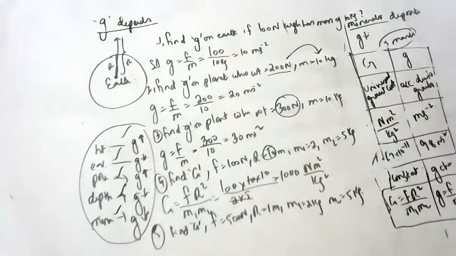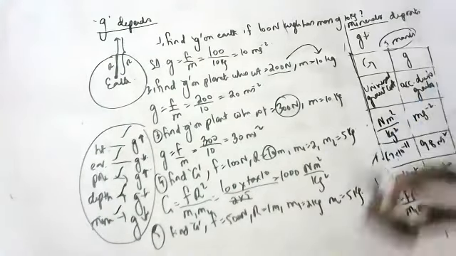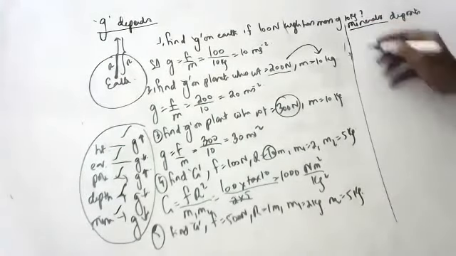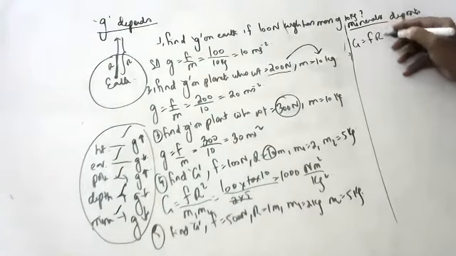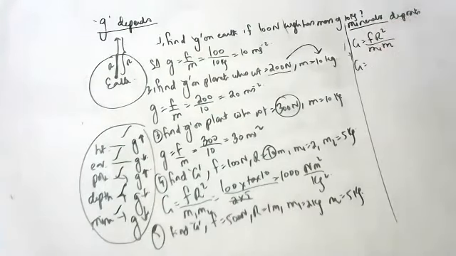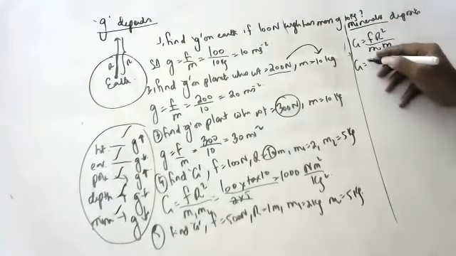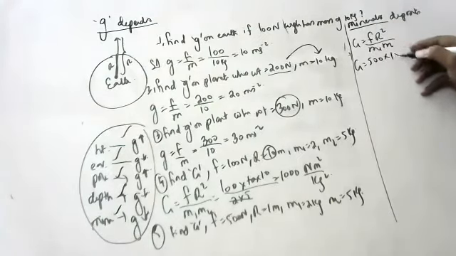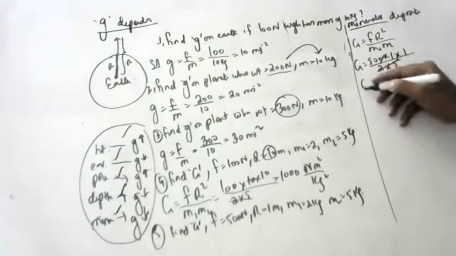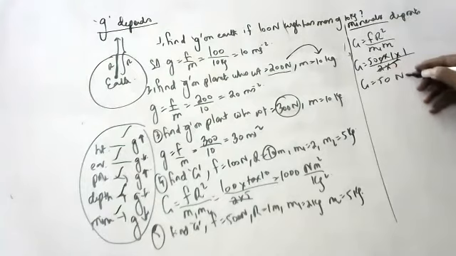Yes, G is equal to F R square by M1 into M2. G is equal to 500 into 1 square by 2 into 5. So G is equal to 50 Newton meter square per kg square.